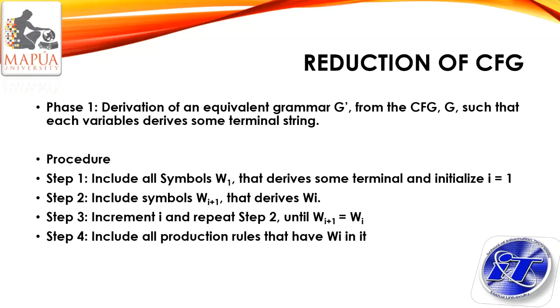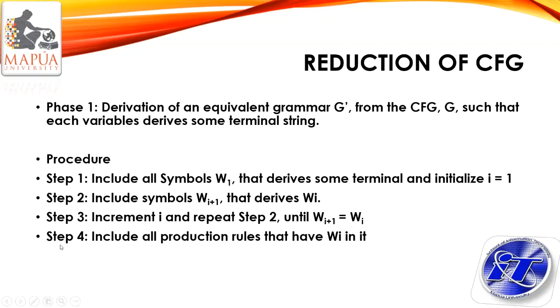Step 1 is basically we need to list all terminal symbols, and then determine which among the non-terminal symbols will yield these terminal symbols. That will be called W1. So we now have in W1 the initial non-terminal list that will yield the terminals.